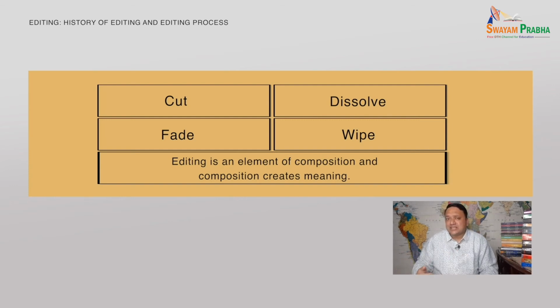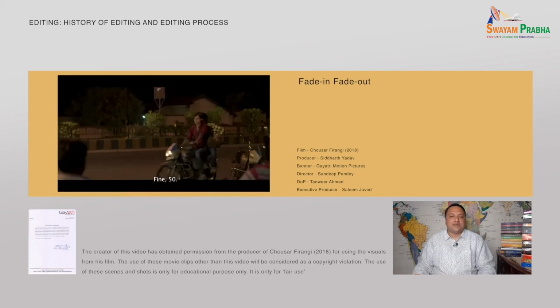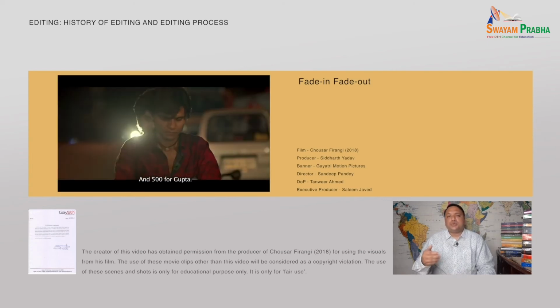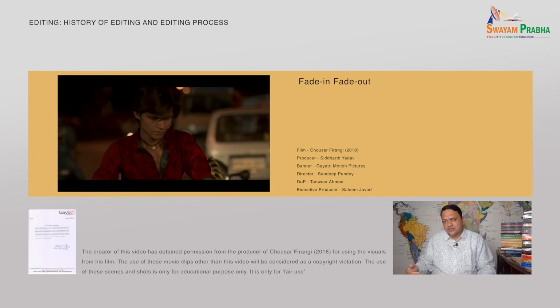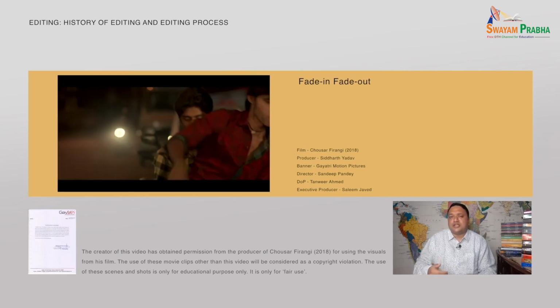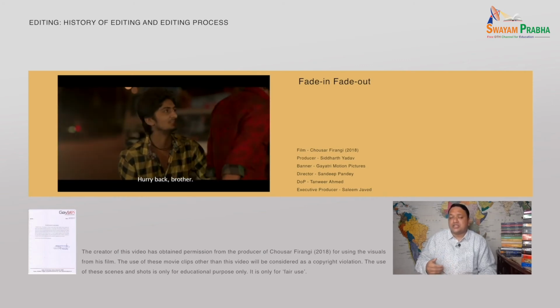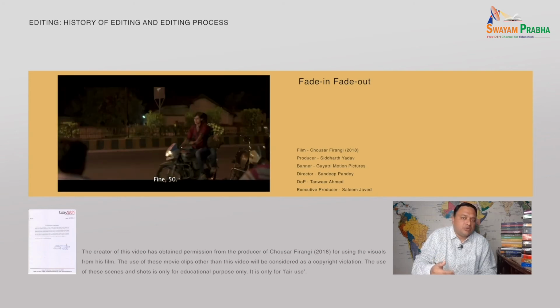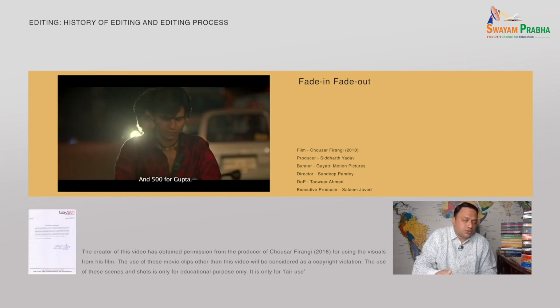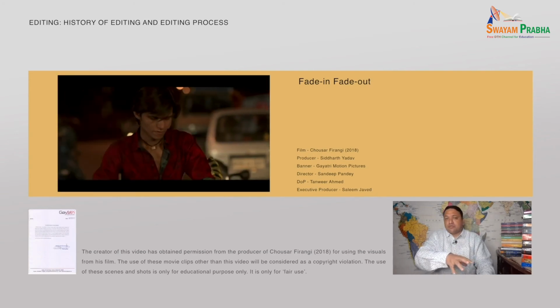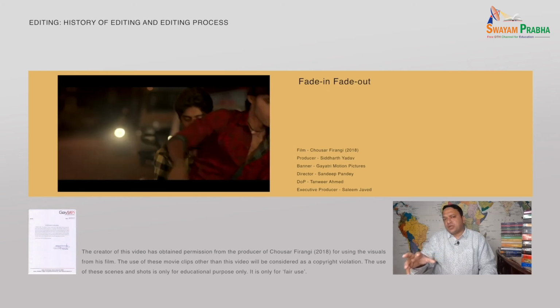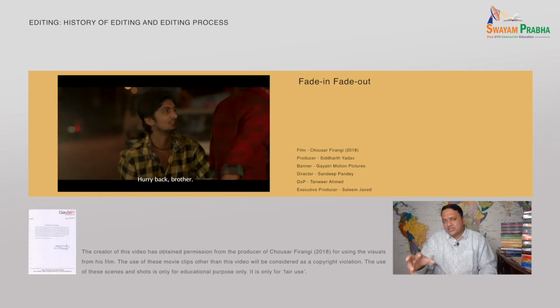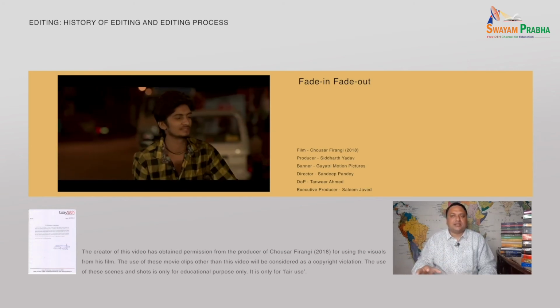Next in the list is fade in and fade out. They are two different transitions. When we slowly fade to screen, which means gradually from a black screen we move to some image or photo, technically, from black to slowly coming to an image is called fade in.